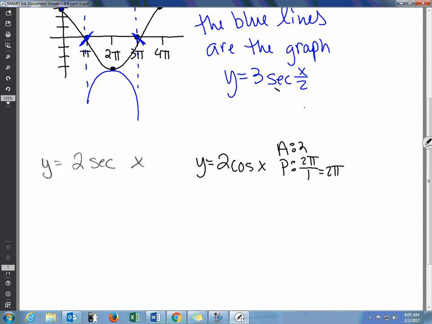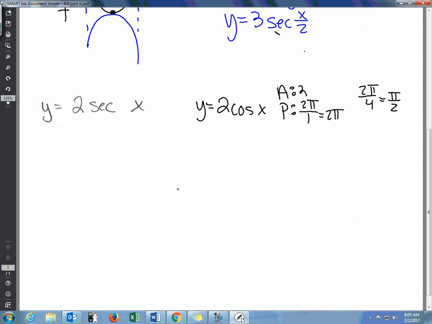Now to get my 4 intervals, knowing 0 is one of the points, I have to take 2 pi divided by 4, so I get pi over 2. When I go to graph, I know that each time I go over along the x-axis, I go up pi over 2 units.